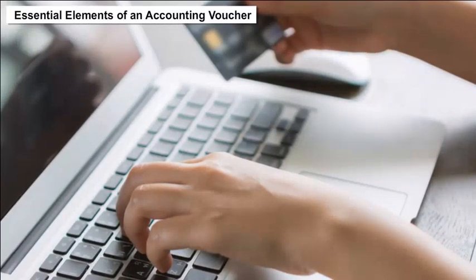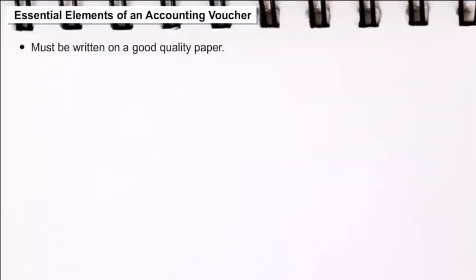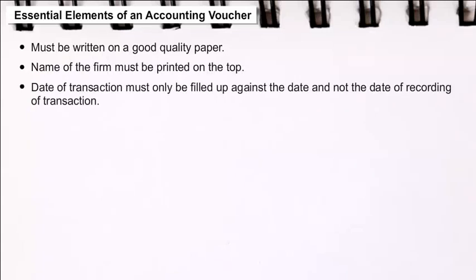Essential elements of an accounting voucher: it must be written on good quality paper, the name of the firm must be printed on the top, and the date of transaction must be filled up against the date, and not the date of recording of the transaction. The number of the voucher is to be in serial order.